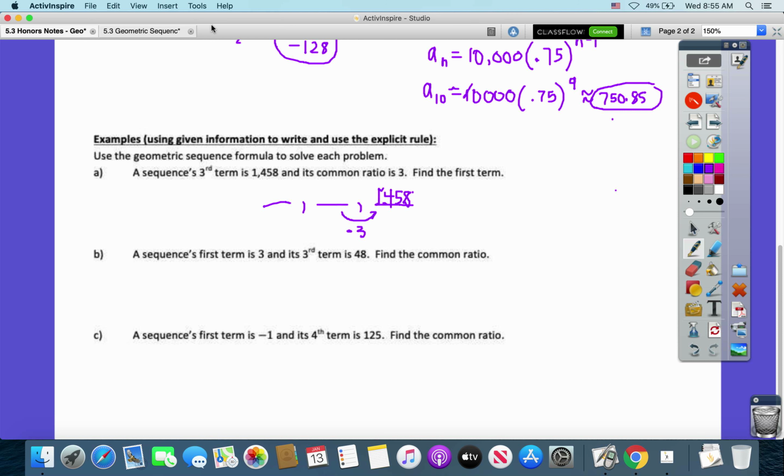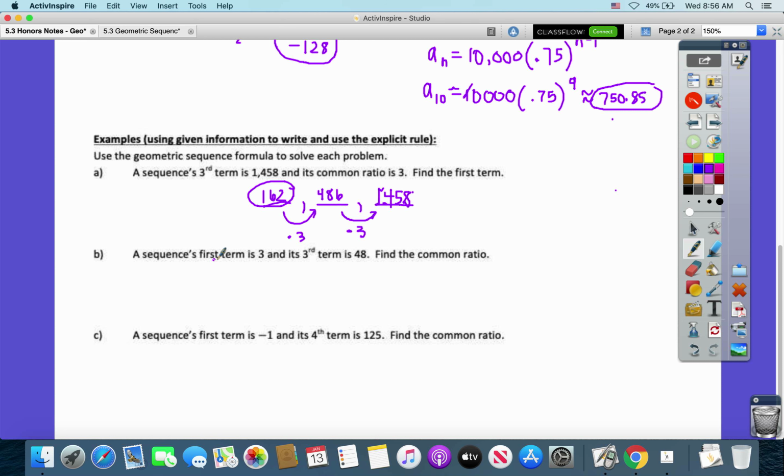If we take 1458 and divide by 3, that takes us to 486. And then we need to do it one more time to get our first term. What number times 3 is 486? So take 486 divided by 3, and we get 162. There's our first term.